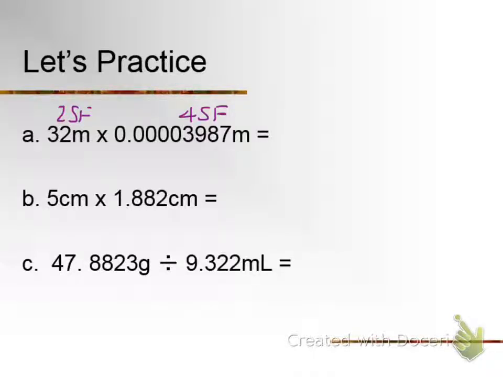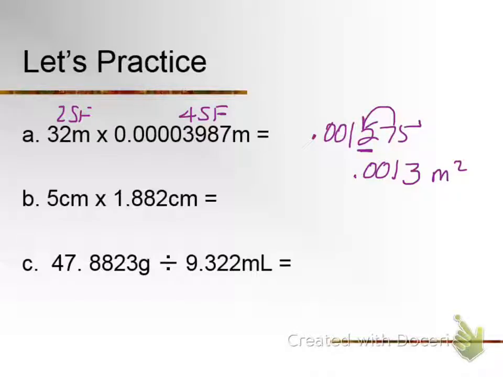So I multiply that number out, and I get 0.001275. So I need to put that in 2 significant figures. So how would I report that? 13 meters squared, because you always look at that last one, that 7 rounds that up.